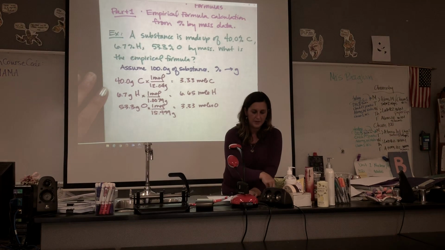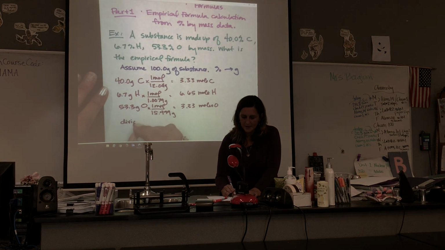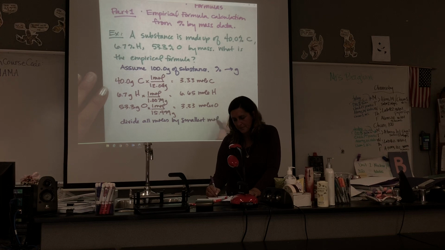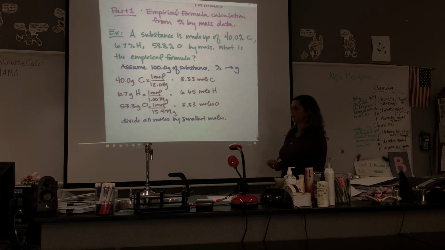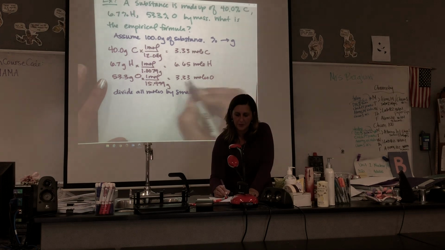Our next step is going to be divide all the moles by the smallest moles. So we see that we have 2 here at 3.33 moles. So obviously the smallest number of moles is 3.33.